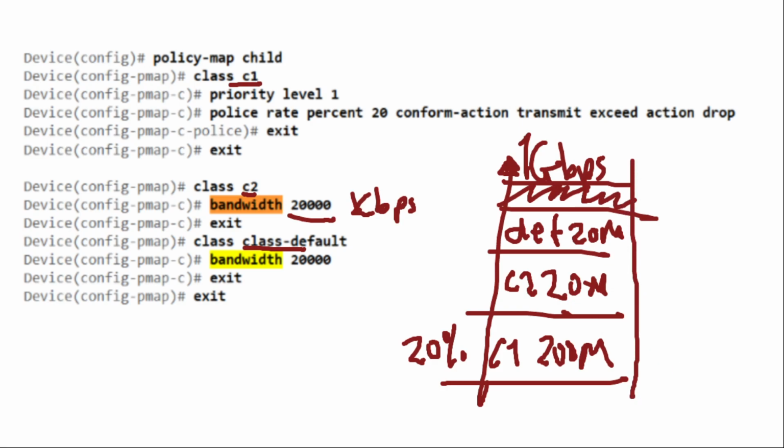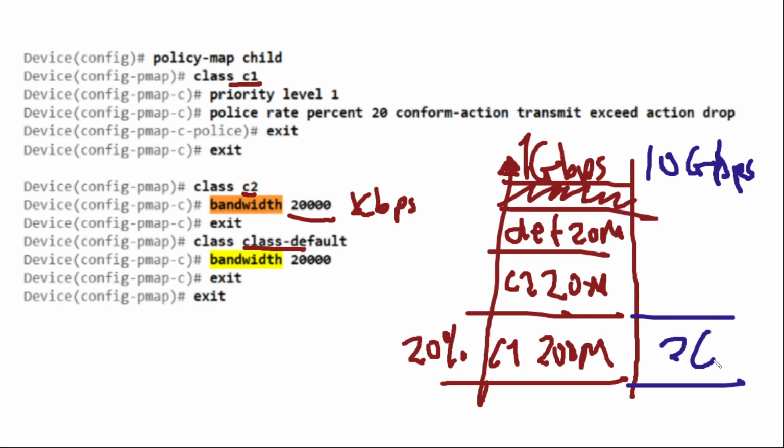That will be an example if I were going to attach this policy map to a 1 gigabit per second interface. But what will happen if I attach this policy map to a 10 gigabit per second interface? Then C1 will get 2 gigabit per second.